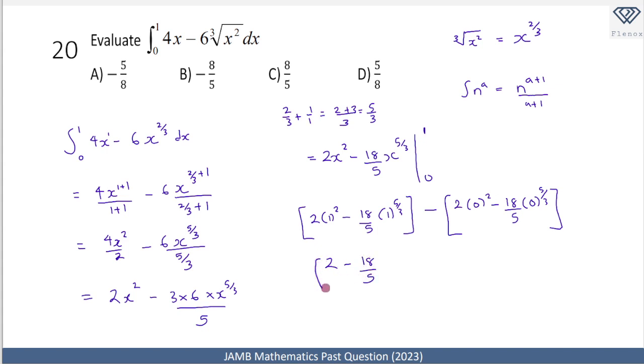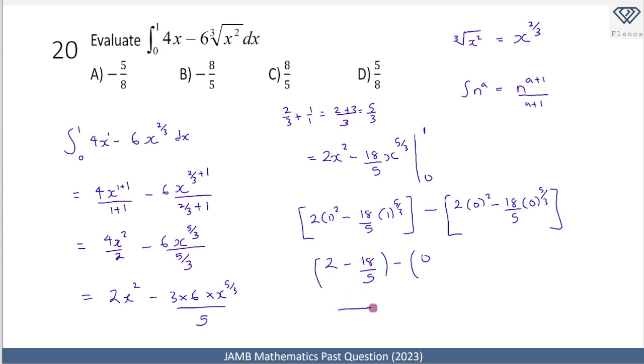Then everything in the lower limit is going to be 0, because 0 to the power of anything is 0, times 2 is 0. So I'm only interested in this first part, 2 minus 18 over 5.